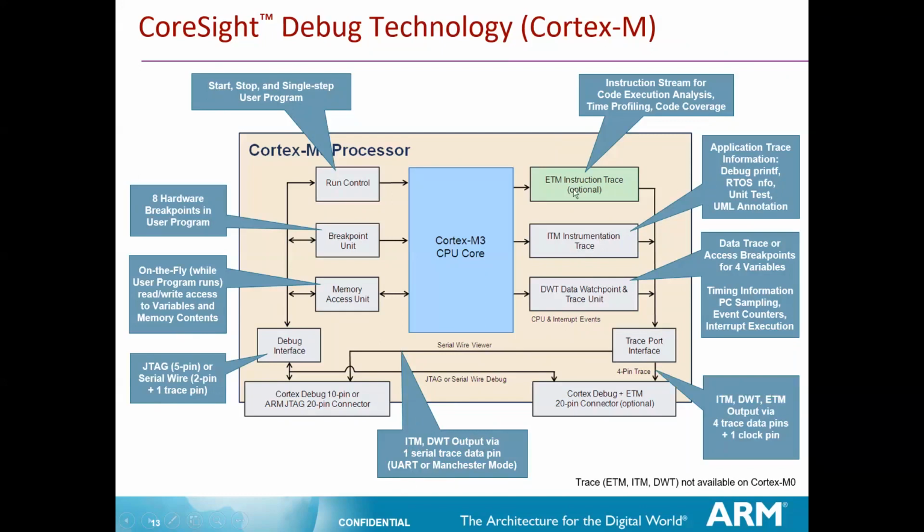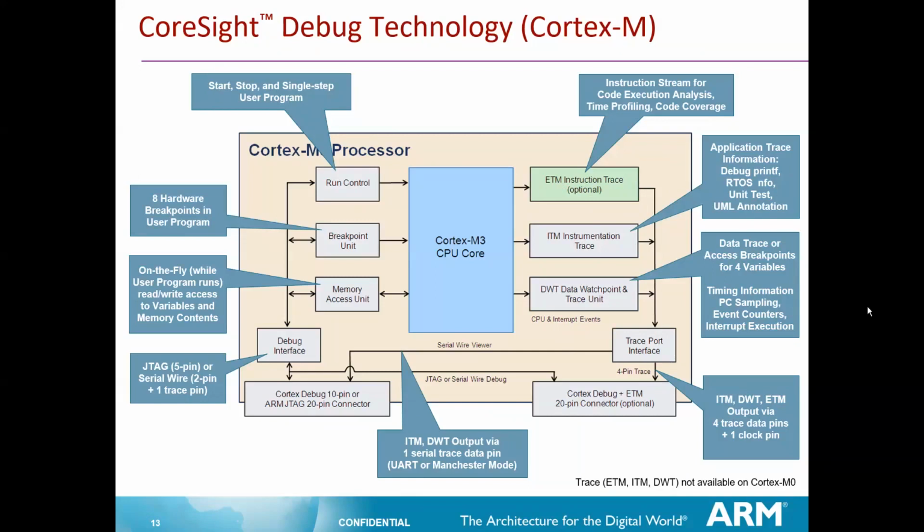Here you can see all the trace coming from the ETM block and ITM block. DWT doesn't emit any trace. So trace coming from the ITM and ETM blocks goes to the trace port interface, and this trace port interface has a TPA, trace port analyzer, which will analyze the traces and see which specific block they are coming from. Is it coming from the ETM block? Is it coming from the ITM block?